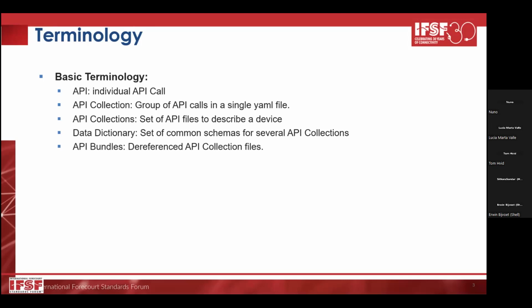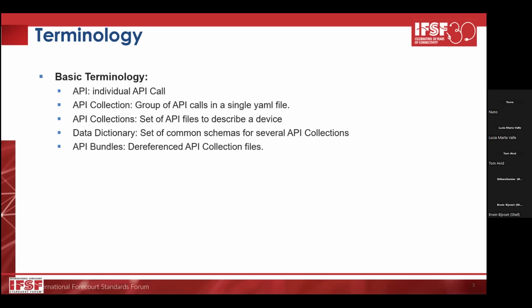But normally this is not possible to render using several of the available tools, where all the objects are referenced to each other in several files. So for this purpose, we create what is called an API collection bundle, or we just call it a bundle. Here we refer to a file where all these references are resolved within a single file. And the information in this single file format can be used by most available tools. We will see an example of this later.